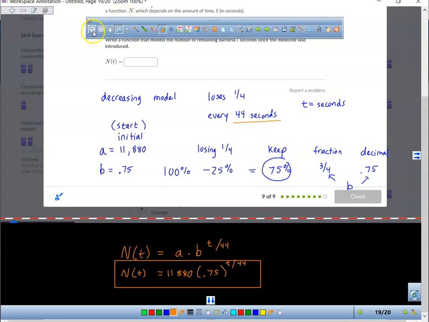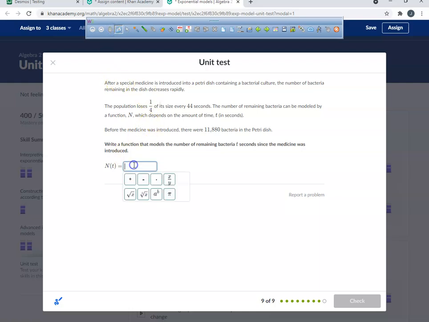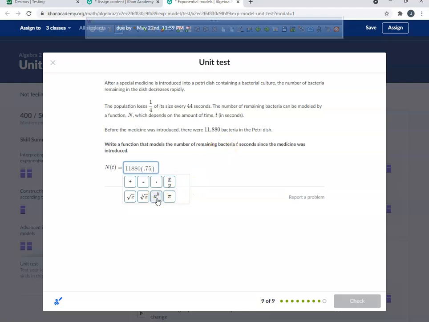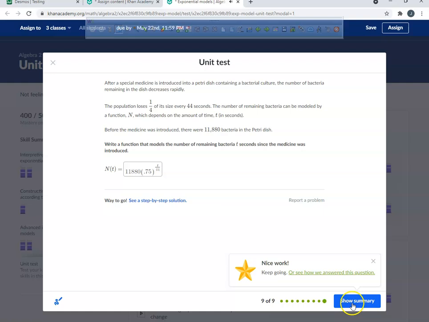Okay, so we're going to type this in. 11,880, parentheses, 0.75, close parentheses. I got to raise that to the power of another fraction. Got to put t over 44. I think I got everything typed in there. There we go.